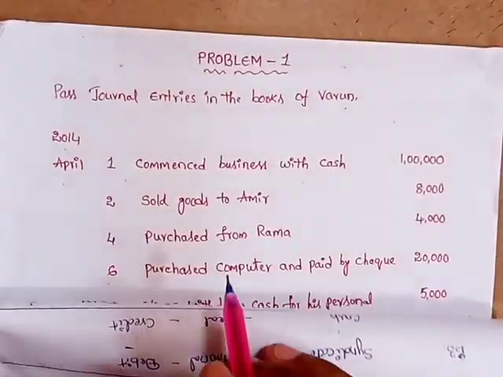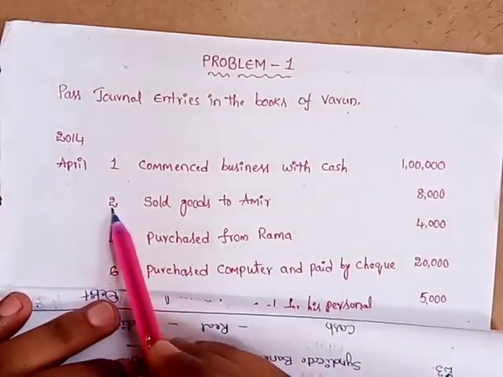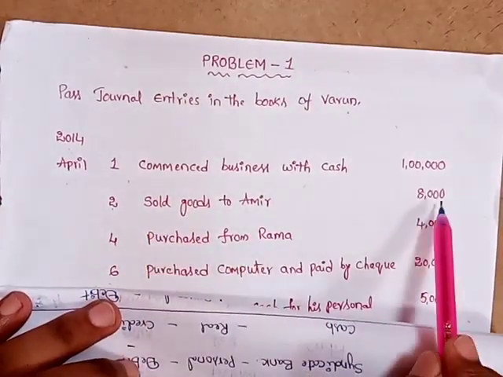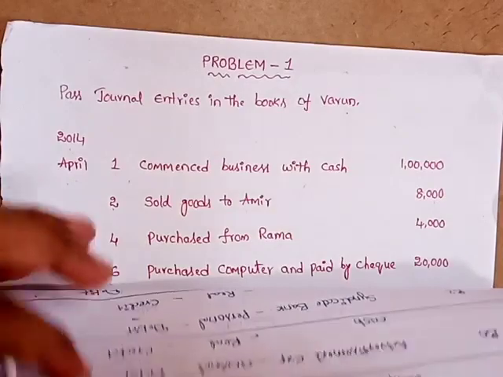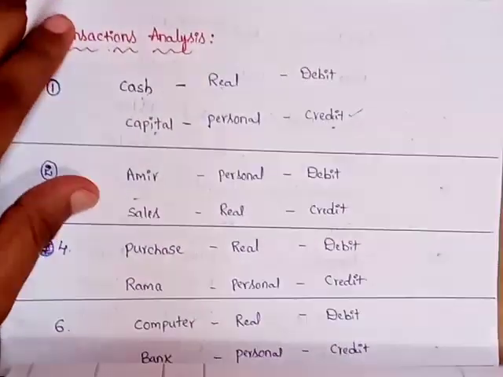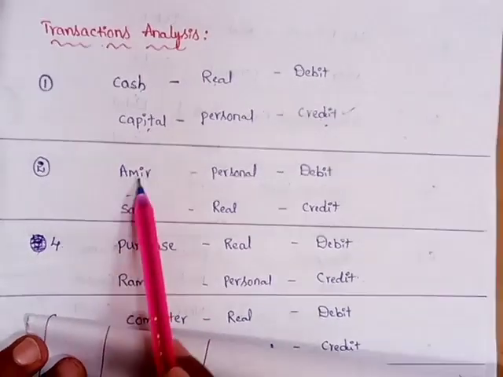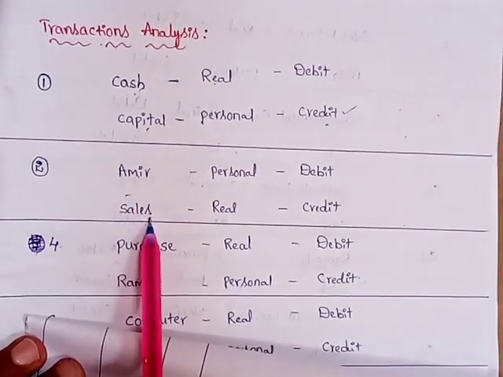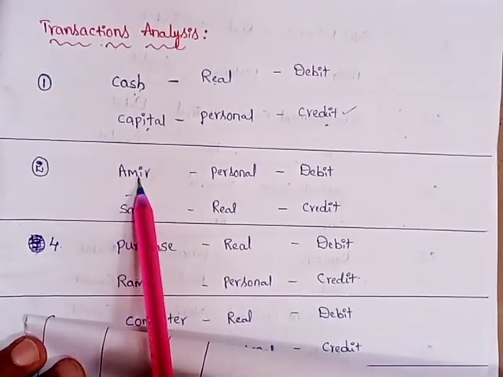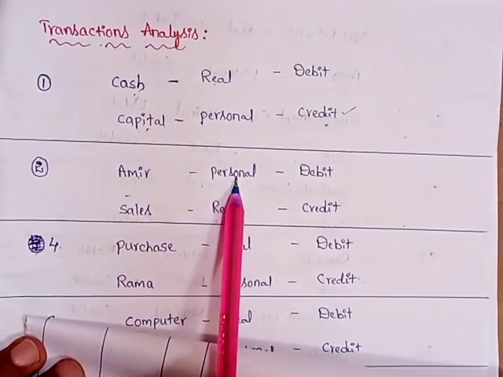Next, second entry, April 2nd, sold goods to Amir 8,000. In this transaction two aspects are involved. One is Amir, second one is sales. Amir is a person, that's why it's a personal account.